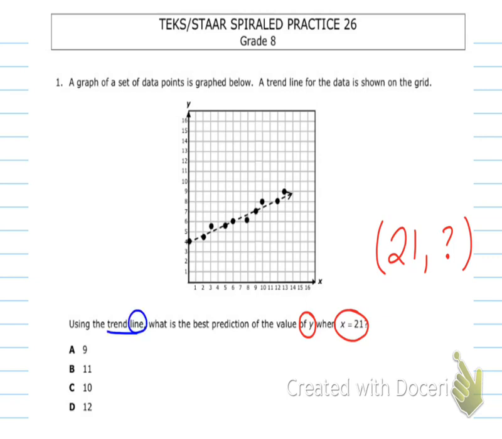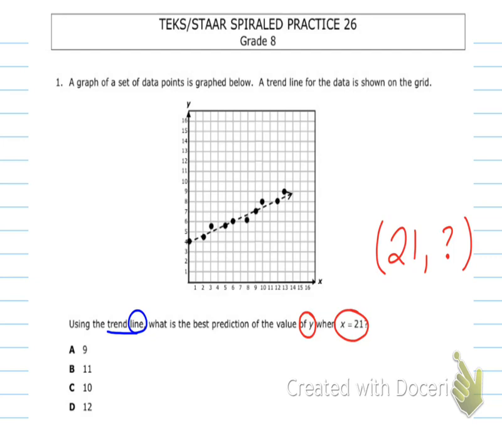So we want to use the trend line, which is my other keyword, to make a prediction. Now, while the graph is limited to whatever you can see in front of you, your trend line is basically forever. It goes on forever and ever once I have the equation of the trend line. I want to do this because a lot of people look at these wrong.